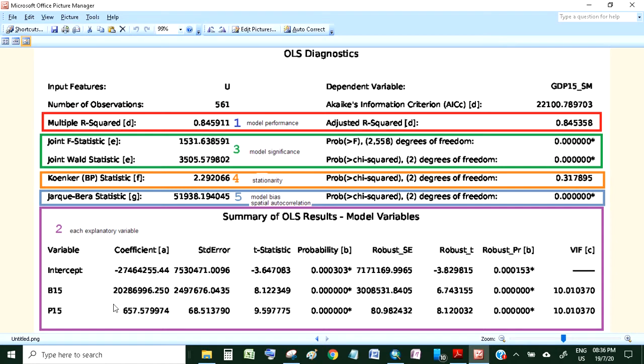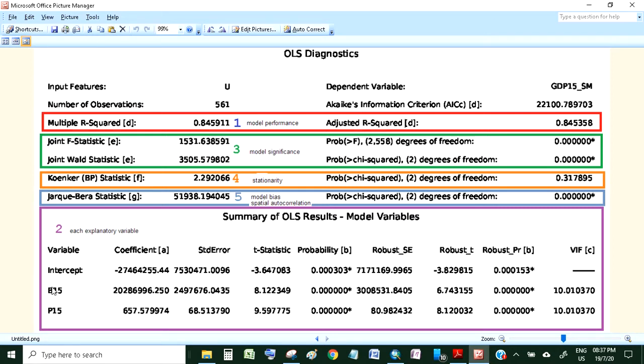This is the relation of population and GDP 2015. So one person means here 657 USD.